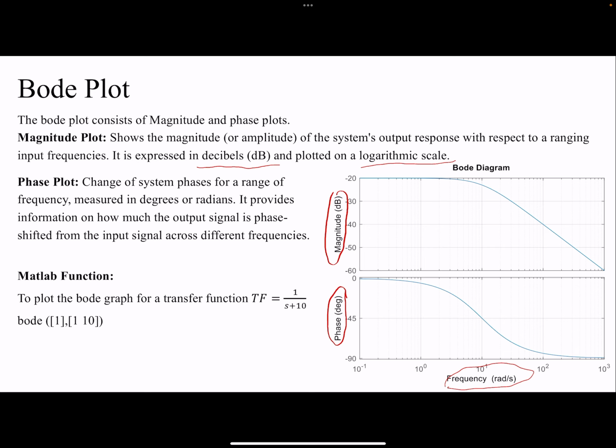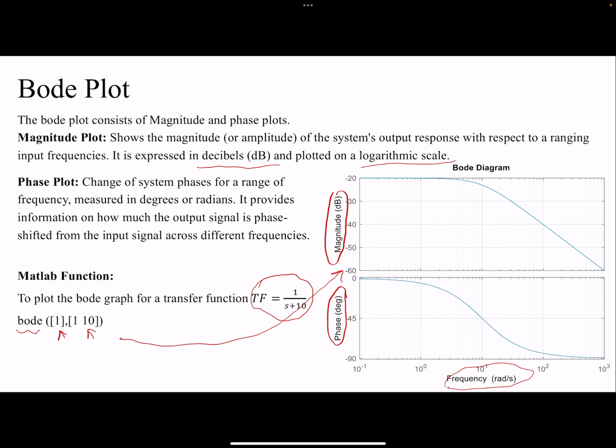MATLAB again has a useful function for Bode plots, and the name, surprise, is bode. So if I want to find a Bode plot of this transfer function, 1 over s plus 10, all I need to do is use the numerator in brackets and the denominator in brackets, and it will result in this plot.